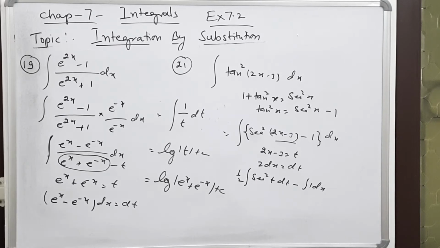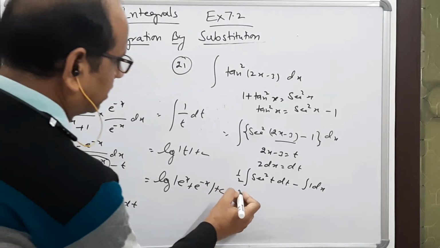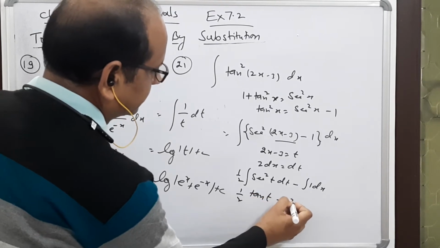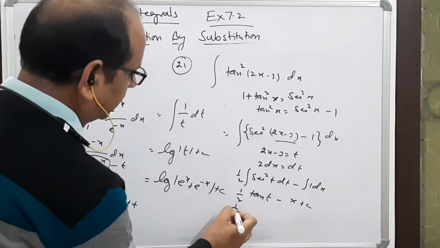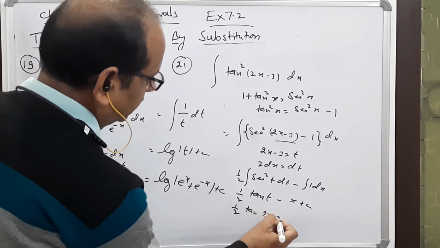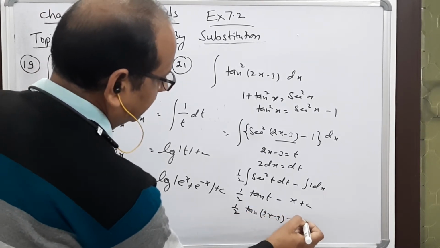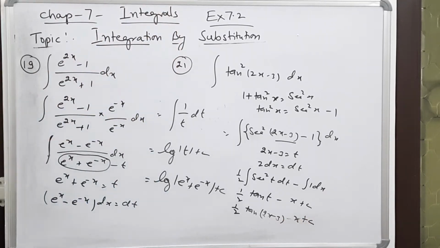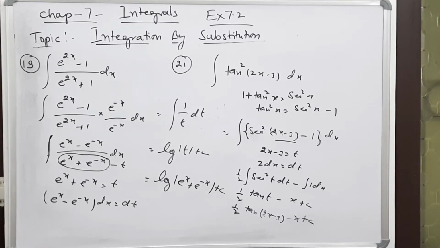So the integration of sec square is tan t, it is half tan t minus x plus c, and now you can put the value of t: half tan (2x minus 3) minus x plus c. So that is the answer of this particular. The last part you yourself can write. So in this way we can integrate this particular function.